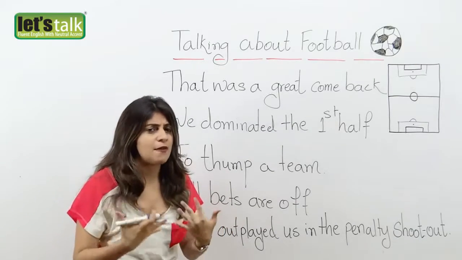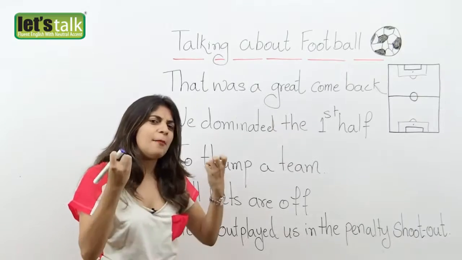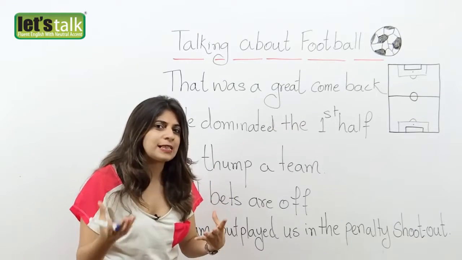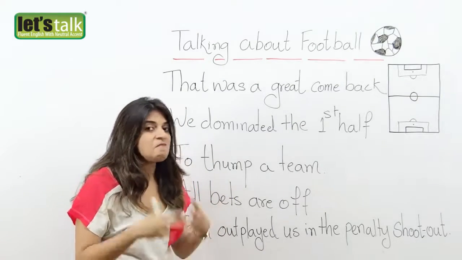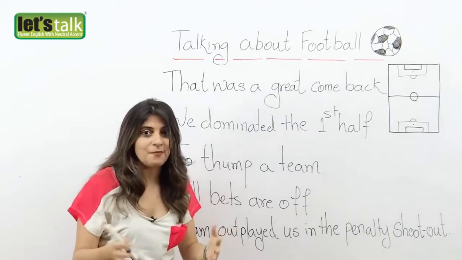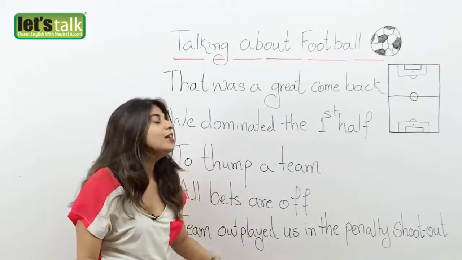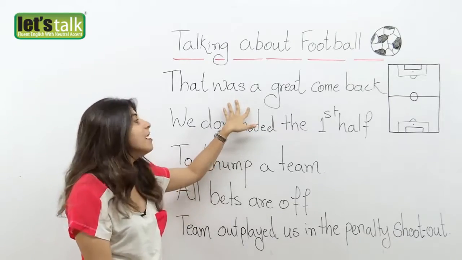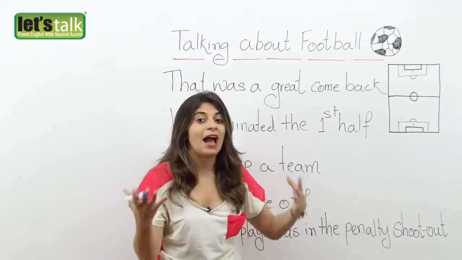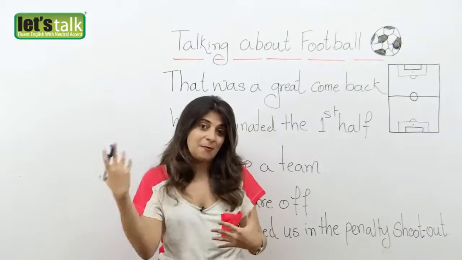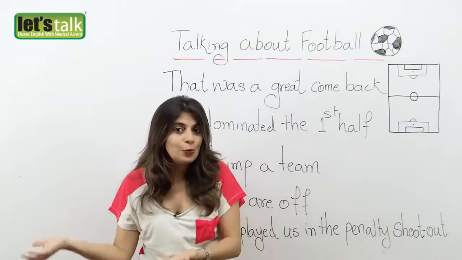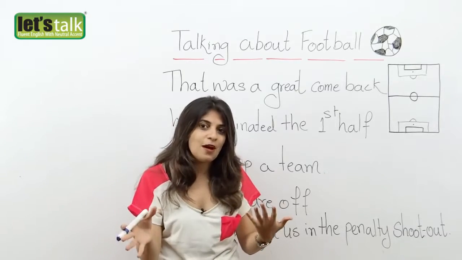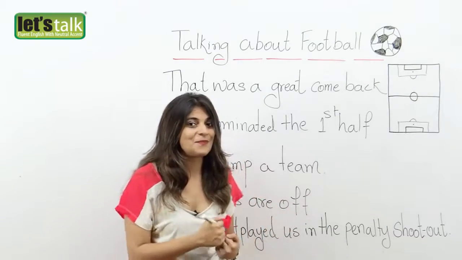Maybe they were not playing very well, but then with some efforts to win or to succeed that they put in, they won the game. They did extremely well. So that's why if a fan is discussing this game, you can say that was a great comeback for the team. So maybe they were about to lose, but with some new efforts, they won the game, okay?